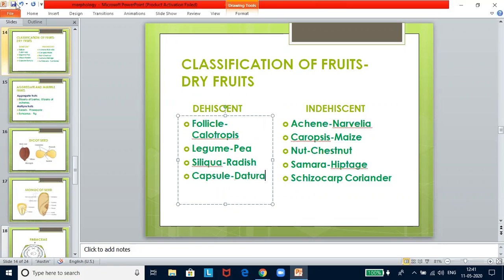So make a note of these things, children. Now, indehiscent fruits, those which can't be divided: achene, naravalia; caryopsis, maize; nut, chestnut; samara, hiptage; schizocarp, coriander. So please make a note of this. I give you 2 minutes time because this is very important and they have repeatedly asked in old papers, and these can become the game changers for you.